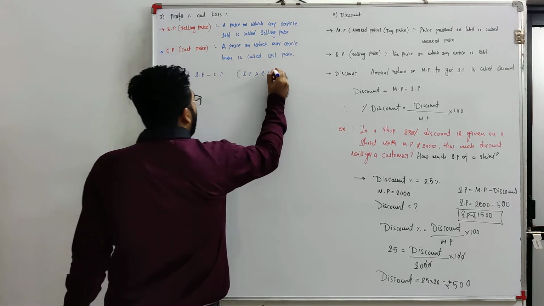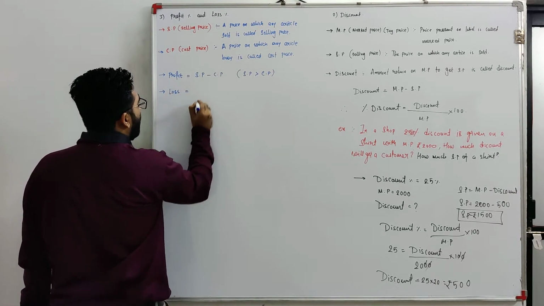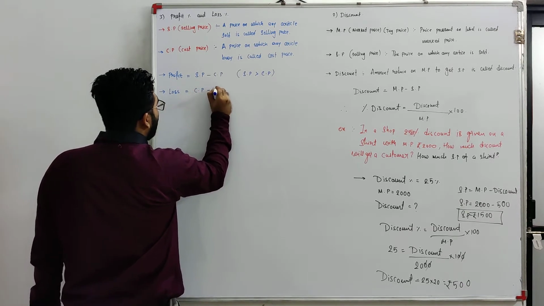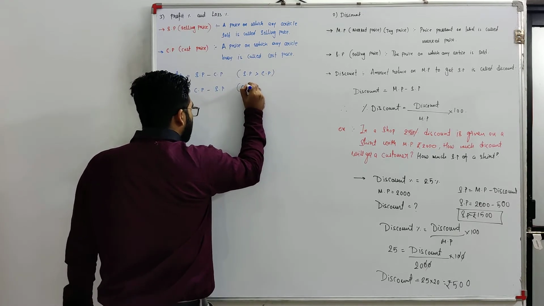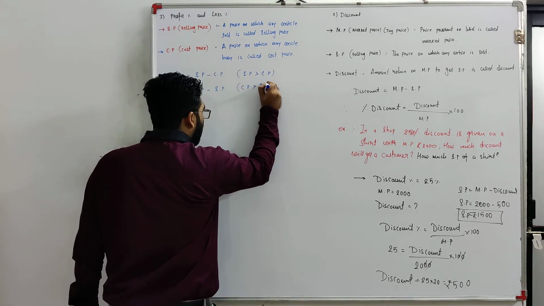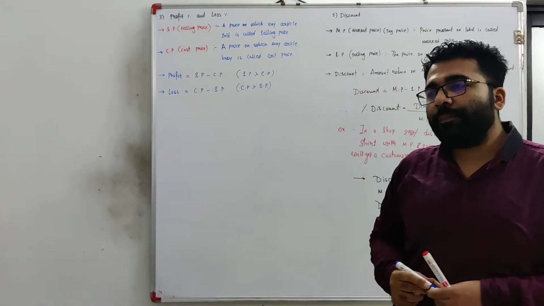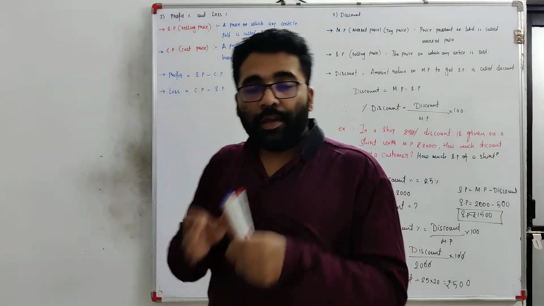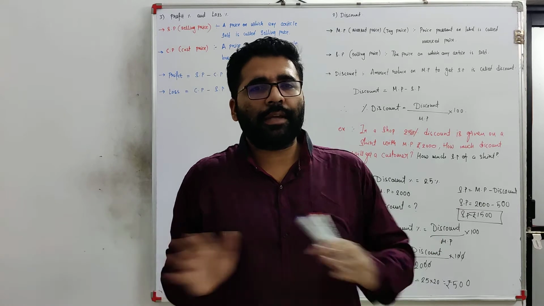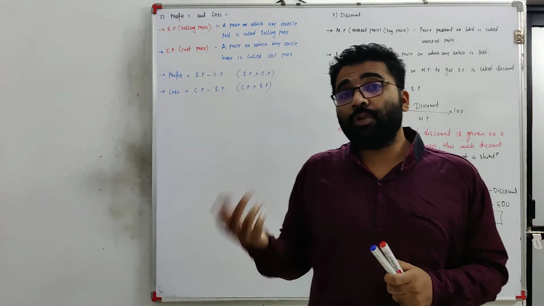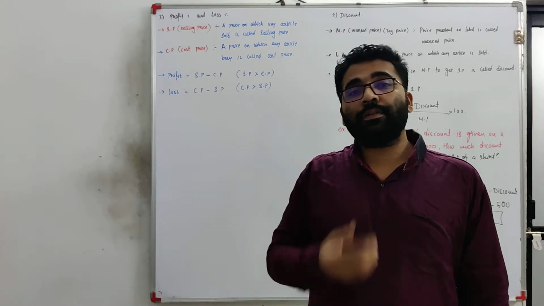Now after profit there is another term, the loss. What is the loss? Loss is equal to cost price minus selling price. Loss occurs when the cost price is greater than the selling price. Like if I sell that pen not for 6 rupees but for 4 rupees, because I don't like it and I want to sell it, then I have a loss of 1 rupee.